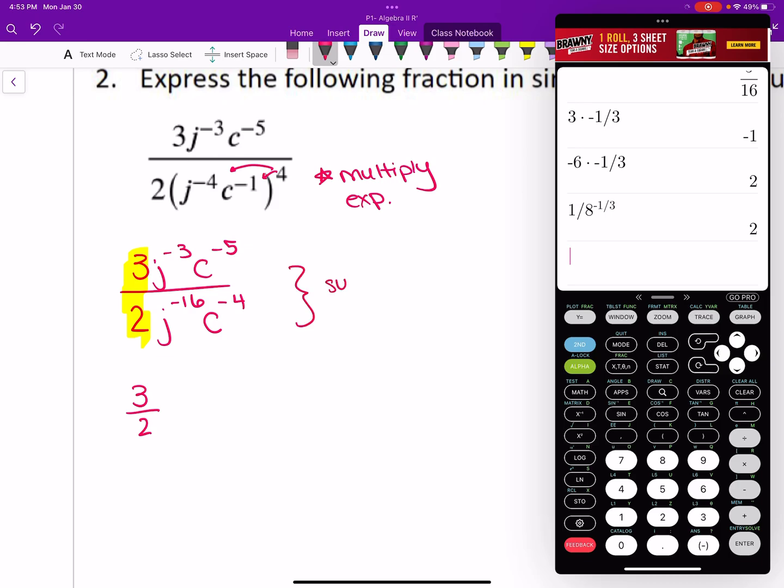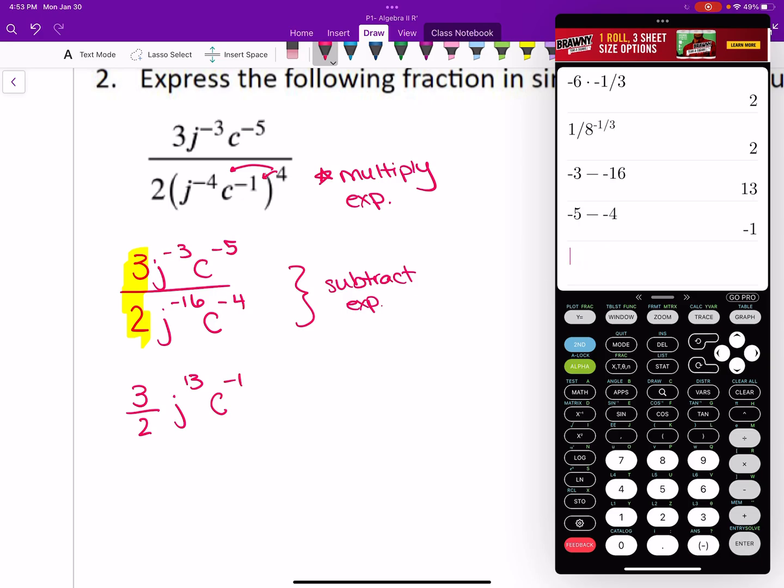Exponents, we're going to subtract with division. So for J, be careful, negative 3 minus negative 16 gets me positive 13. And for C, negative 5 minus negative 4 gets me negative 1.